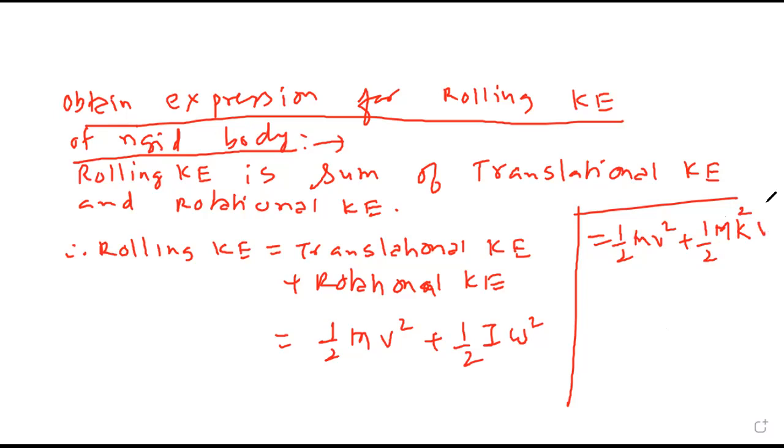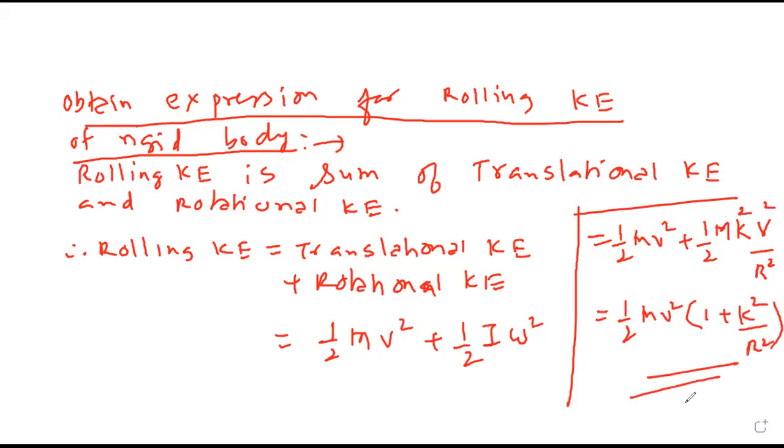And omega we know from last year, it is v by r, so v square by r square. Half mv square is common. So rolling kinetic energy is half mv square into bracket 1 plus k square upon r square.